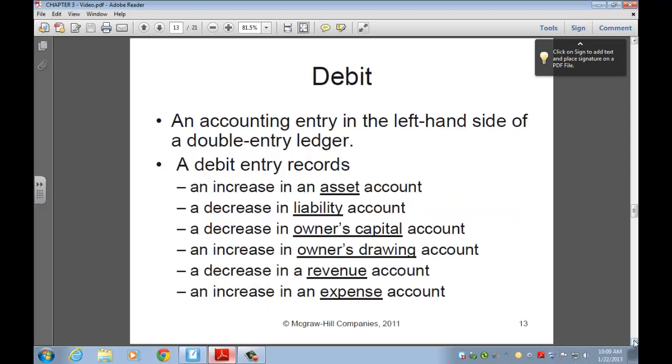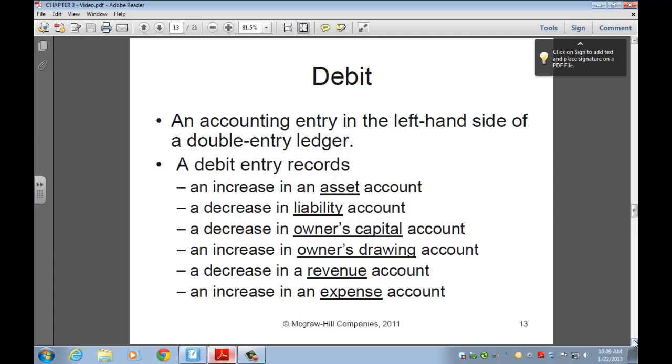So here we have, in summary, a debit is an accounting entry on the left-hand side of a double entry ledger. And as we heard before, it doesn't necessarily mean a positive or an increase. It depends on the type of account and on which side of the basic accounting equation you're working with.